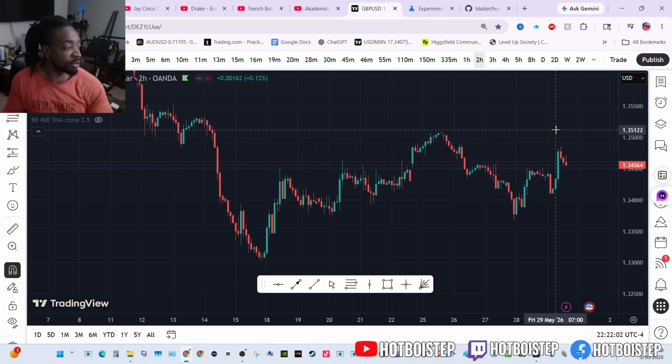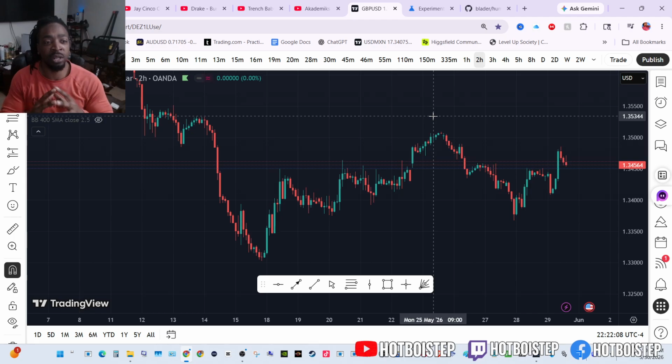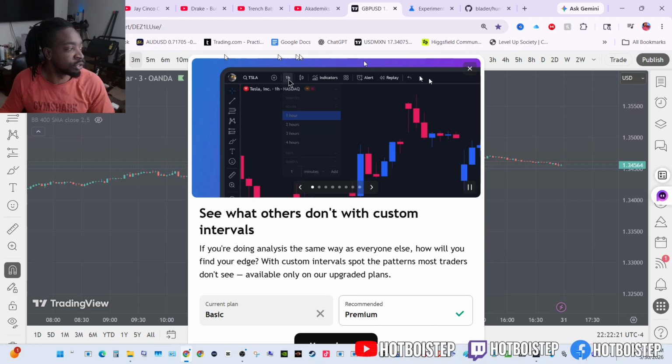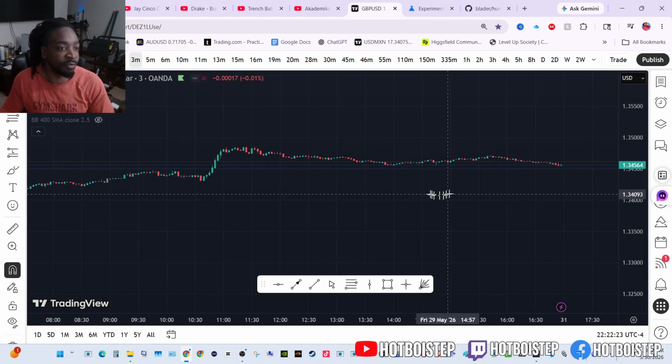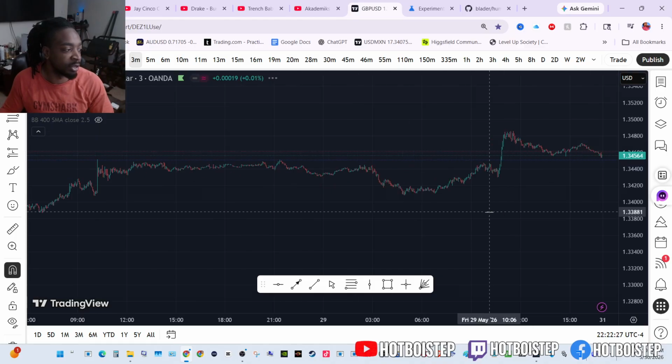When it comes to a chart like this, you see more clearly the higher your time frame is. We're on the 2 hour chart right now, and if we get on something like a 2 or 3 minute chart, like this 3 minute chart, it's super choppy.